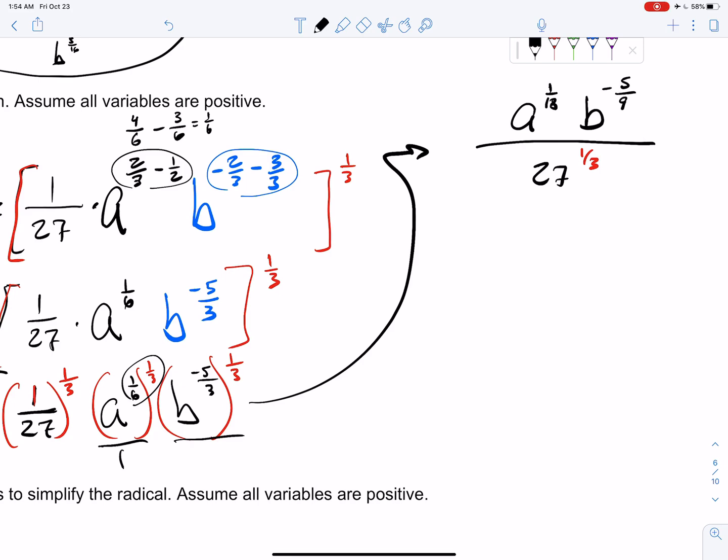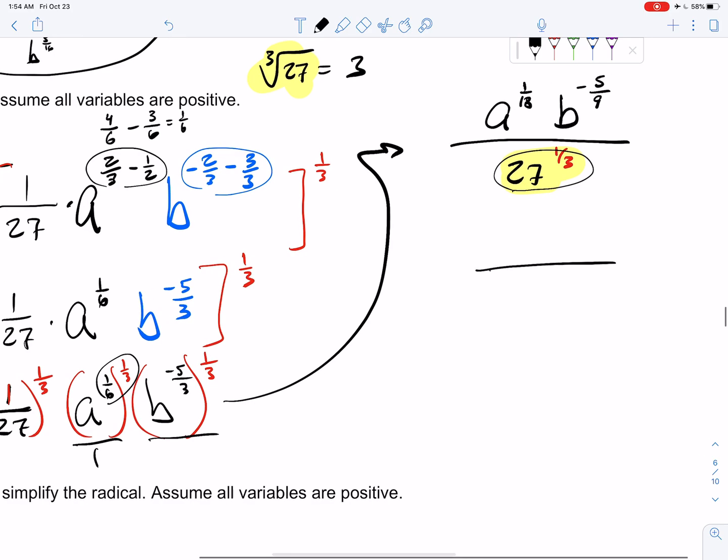Remember, we always make sure that our answer has positive exponents. The other thing we want to do is take a look at that guy. Let's just highlight their work right here. Isn't 27 raised to the 1/3 power really just the cube root of 27, which equals 3? So now I've got a 3 in that place. I can go like that to show the equality.